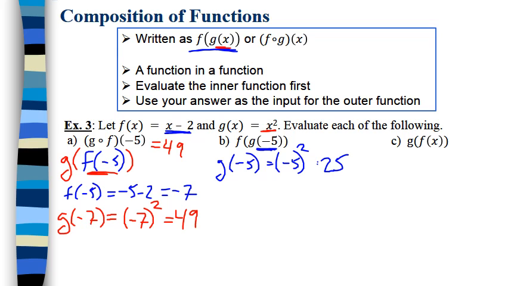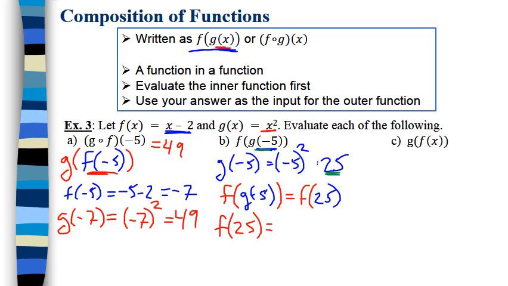And so now, if g of negative 5 is 25, we want to find f of g of negative 5, which means we want f of 25, because g of negative 5 is 25. And so f of 25 is 25 minus 2, which is 23. So f of 25 is 23.